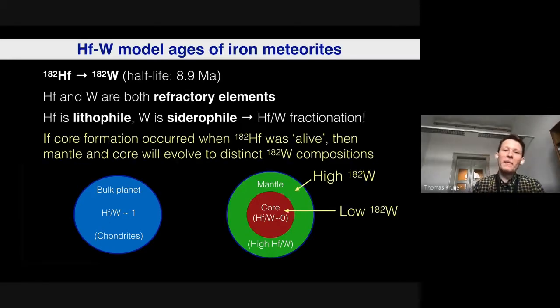And if core formation occurred when this isotope of hafnium, hafnium-182, was alive, then the mantle and the core will evolve to distinct tungsten-182 compositions over time. And you can use these different isotopic signatures to infer model ages of core formation. So you can directly date core formation using this decay system. And it's been widely used for doing that.